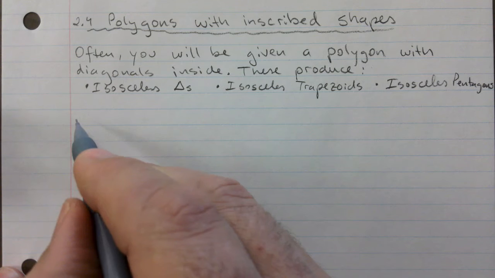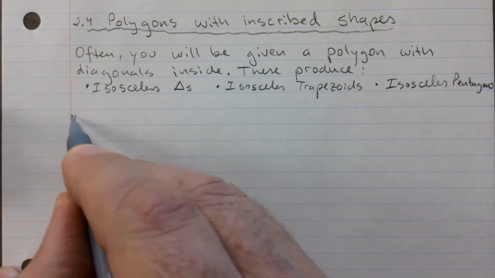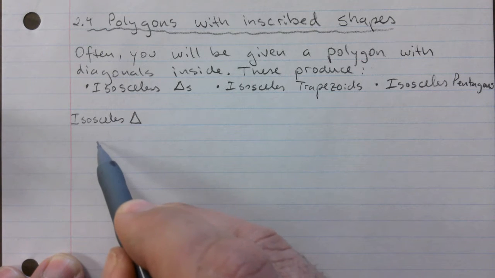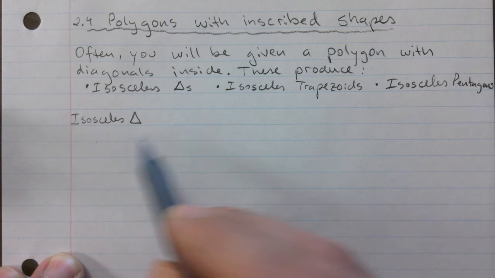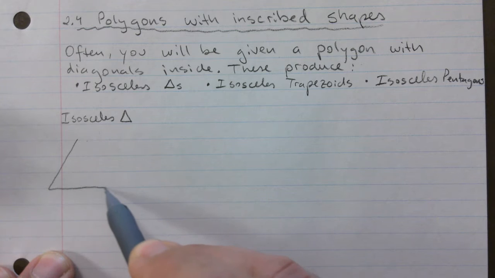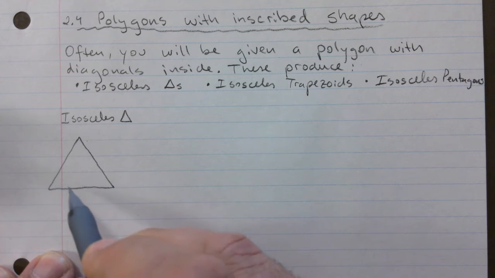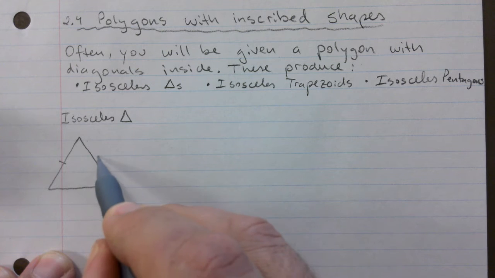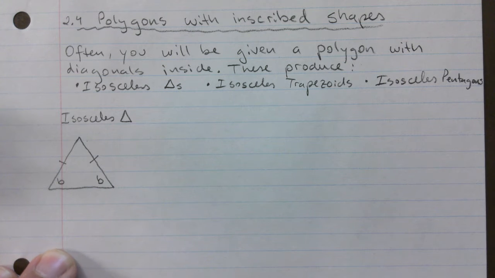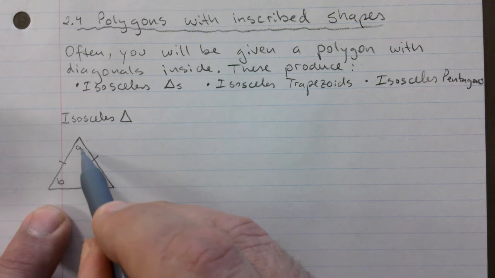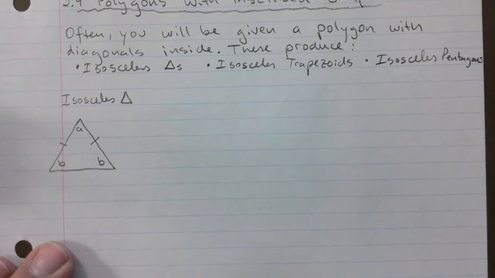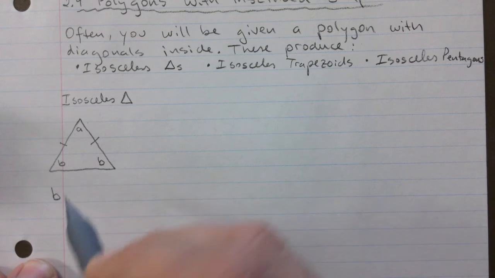Just a reminder: if you have an isosceles triangle, and I'll make 3 columns here with some calculations, these 2 sides are the same, so these 2 angles, which I'll refer to as B, are the same. We call the one at the top A. How would we find B knowing what A is?